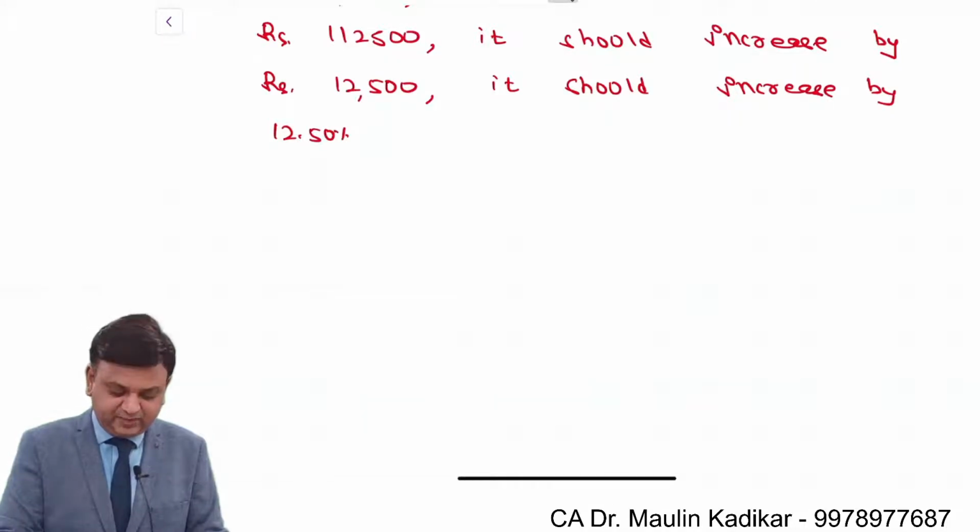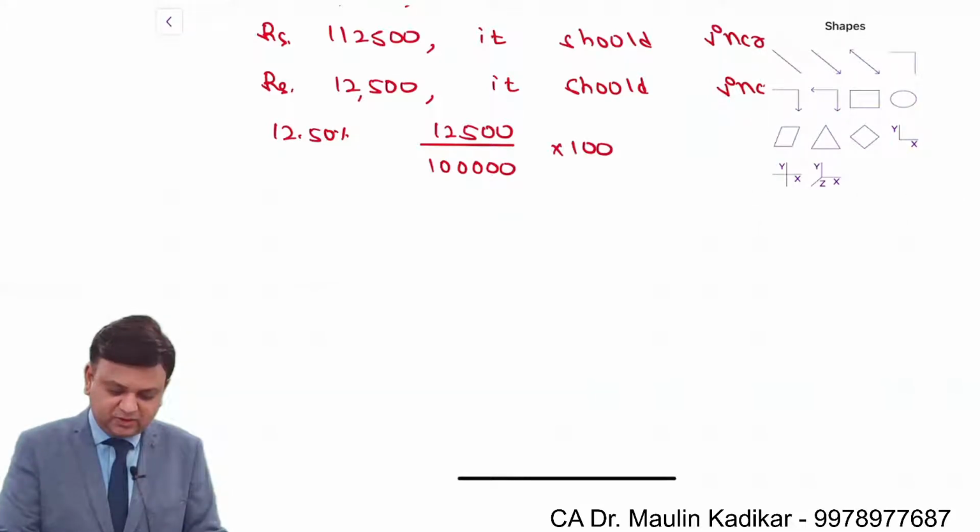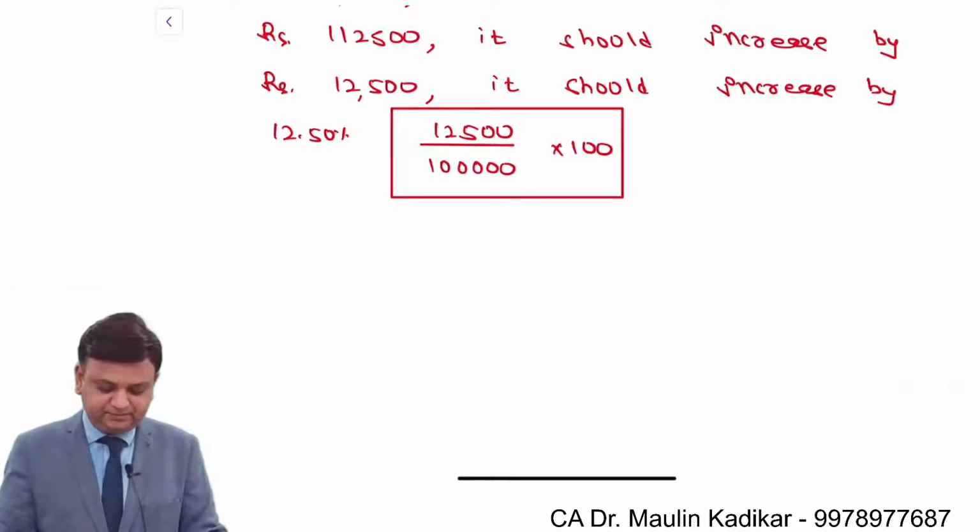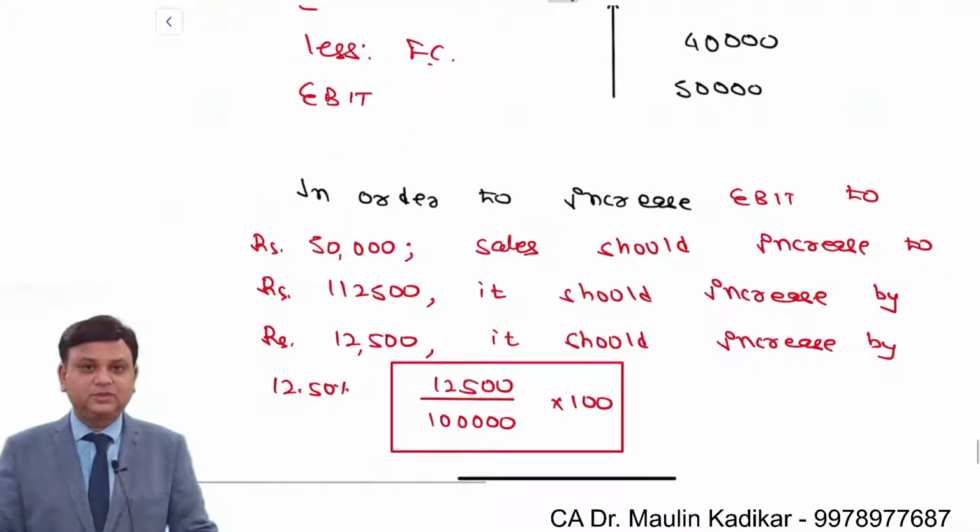How is this 12.5 percentage found? 12,500 upon 1 lakh into 100. This is the way this amount, that is this percentage, can be found. Please write an answer.